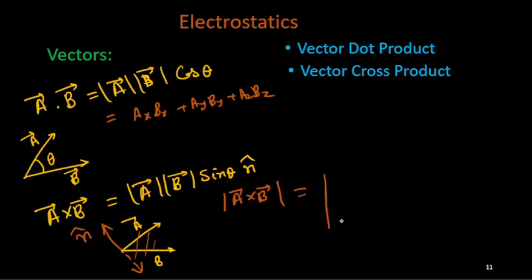You will get this magnitude. Similarly, a cross b we can write in this form with x, y, and z, then ax, ay, az, bx, by, and bz, and this determinant will give you a cross b. These things are important, you need to understand. We will be discussing them in detail in my videos, but in this video I am just discussing them very briefly.